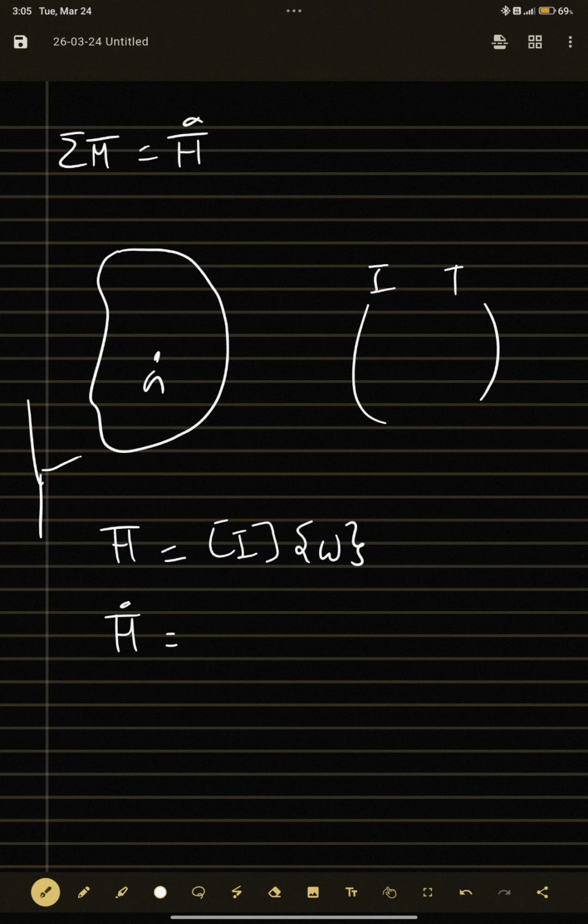Suppose this coordinate is a rotating coordinate and it doesn't rotate with the body. Then x, y and z will all be time varying. If you forget, you can look at this example of the phone.